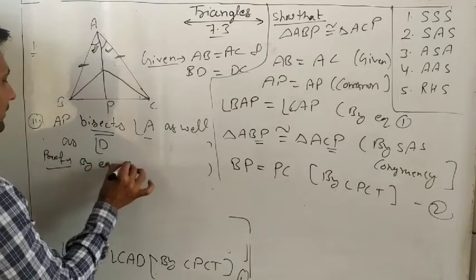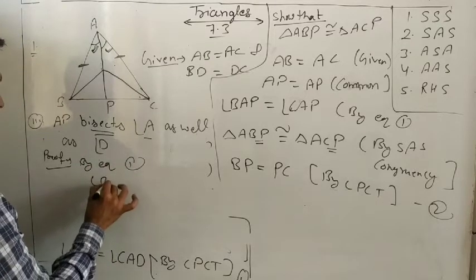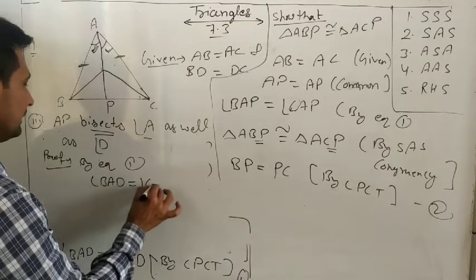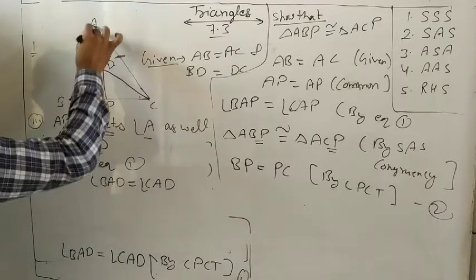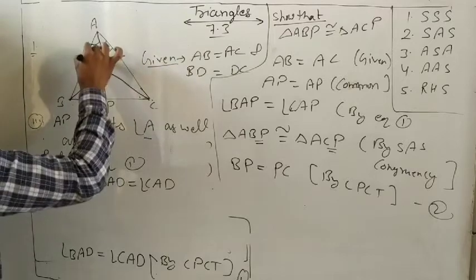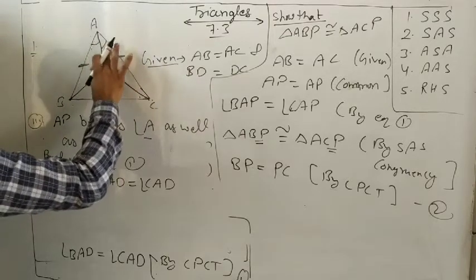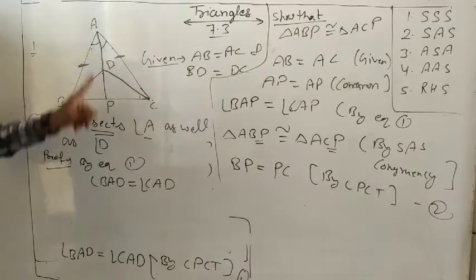So you can write, by equation 1, angle BAD equal to angle CAD. This angle equal to this one, and if these two angles are equal, it means AP bisects.